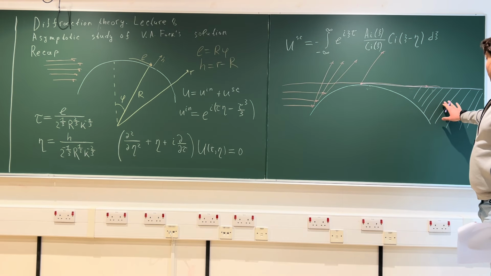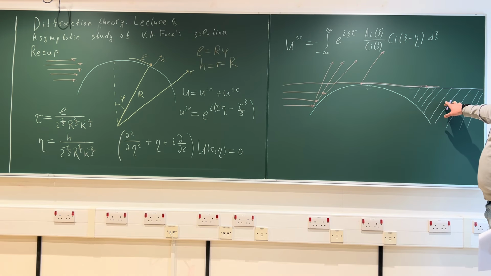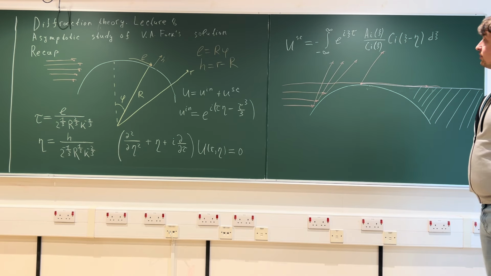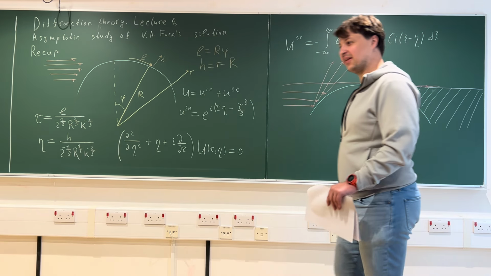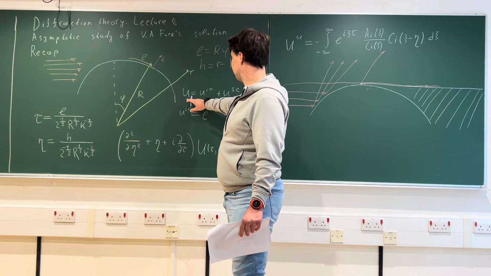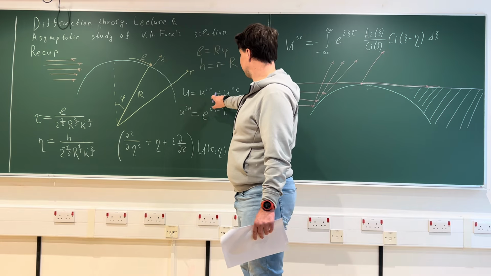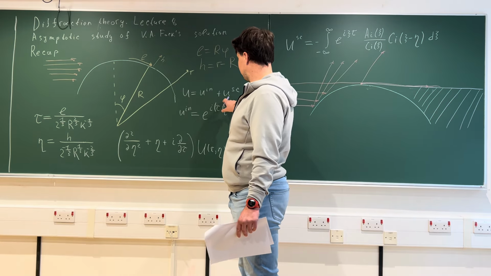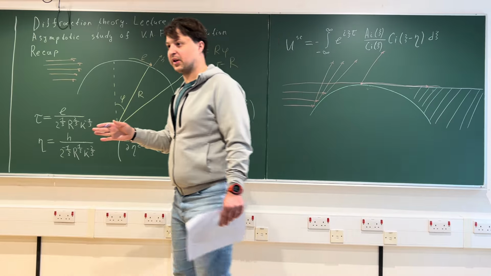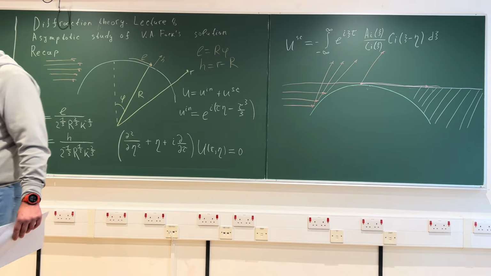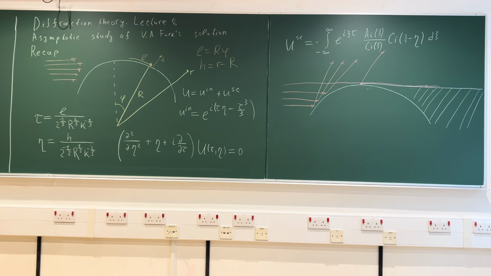Here the scattered field should somehow cancel the incident field, because our field is a sum of this term plus this term, so a sum of these two terms should be approximately 0. So this is the first thing we are going to check.